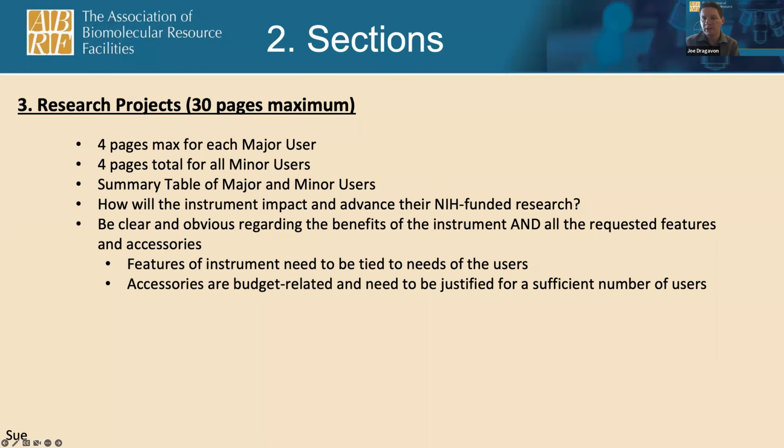So would there be any difference in this section for the high-end instrumentation? No. It's something I have no experience with. No, the actual formatting between all three proposals is the same. All of the sections are the same, and the information, it's just the dollar value.